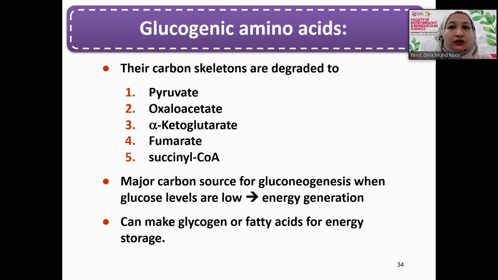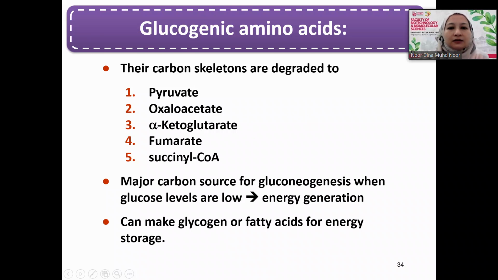Okay, and so these glucogenic amino acids, the carbon skeletons are degraded into what we call 4 to 5 carbon intermediates. So we have pyruvate, oxaloacetate, alpha-ketoglutarate, fumarate, and succinyl-CoA.